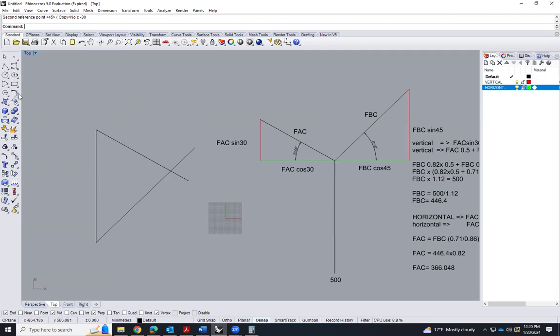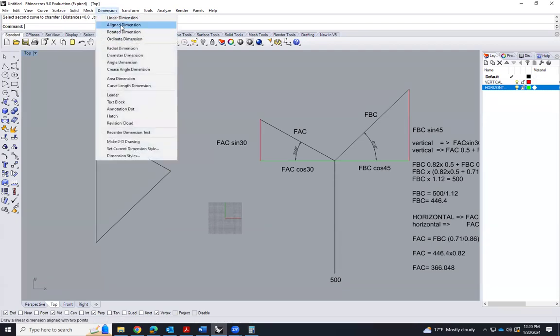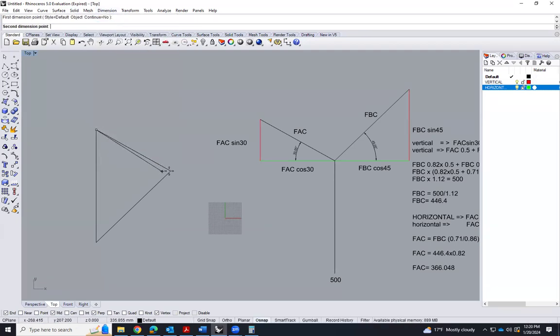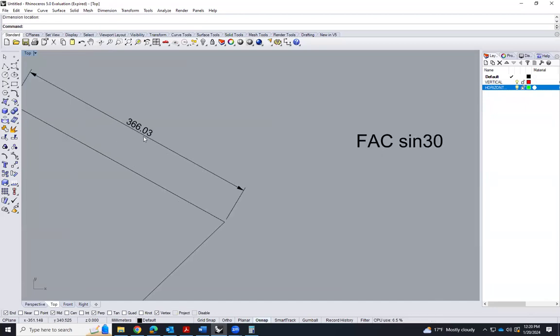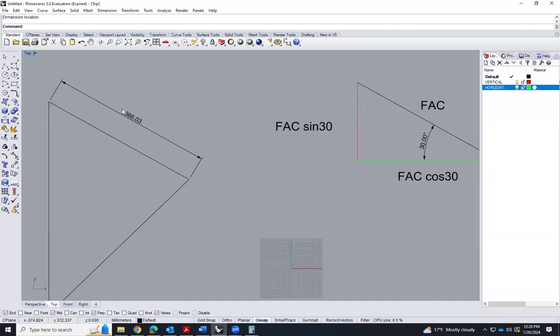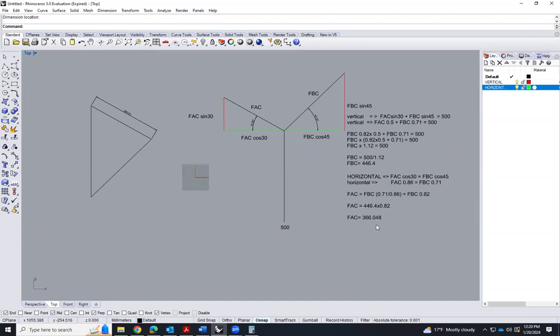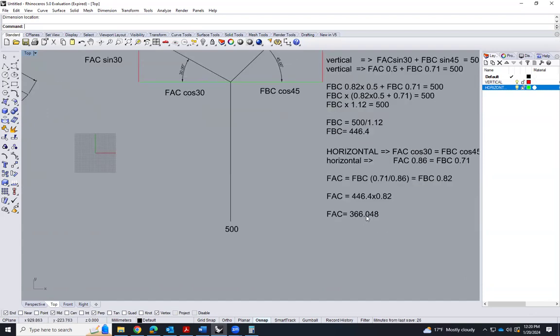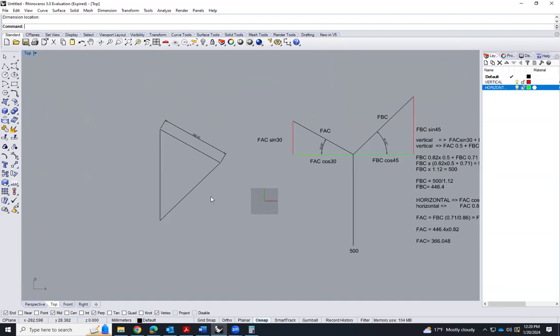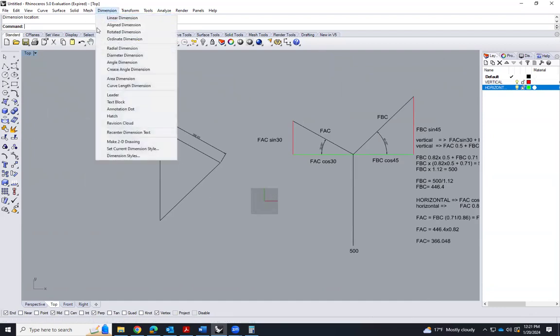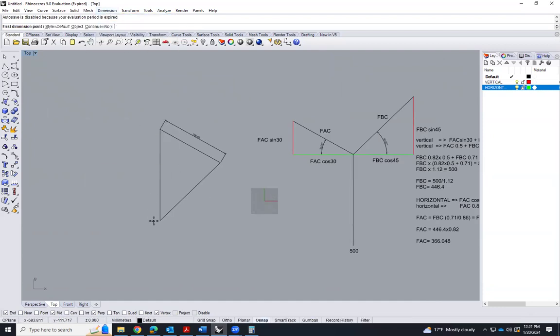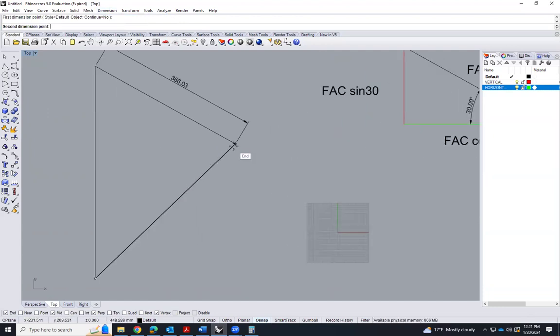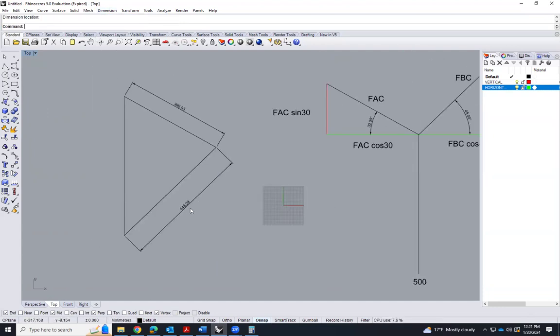That's all I need. If I chamfer these two values and I measure, if I go to dimension aligned, this force, look at this, is 366.03. So FAC is 366.04. Okay, so it's almost the same. And if I take this dimension, it should be 448.